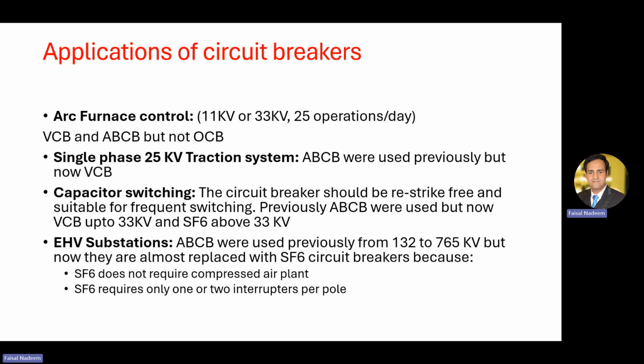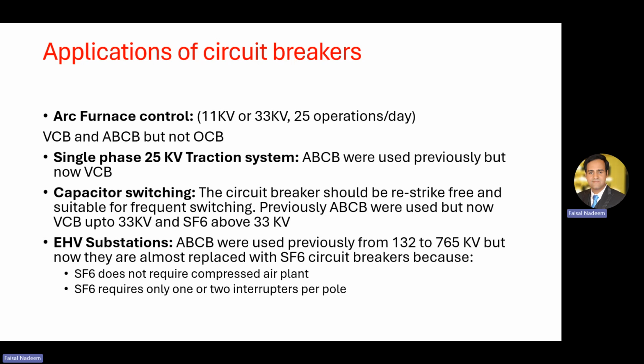Then we have the single phase 25 kV traction system. These traction systems are usually used in railway locomotives and railway lines for the movement of electric trains.